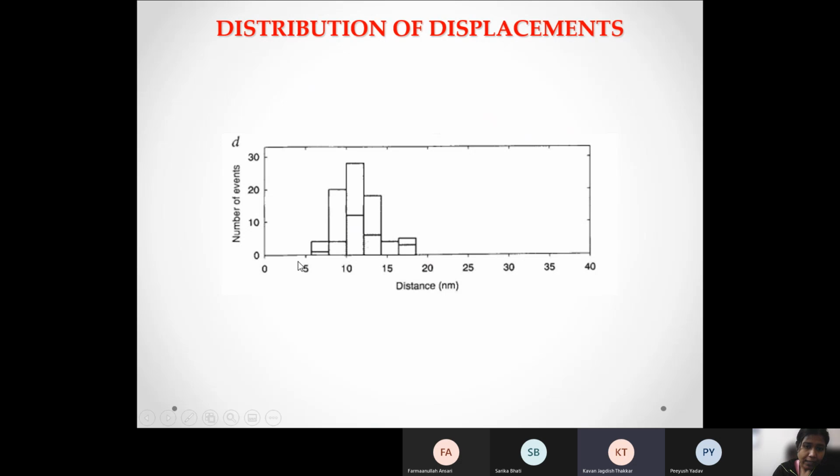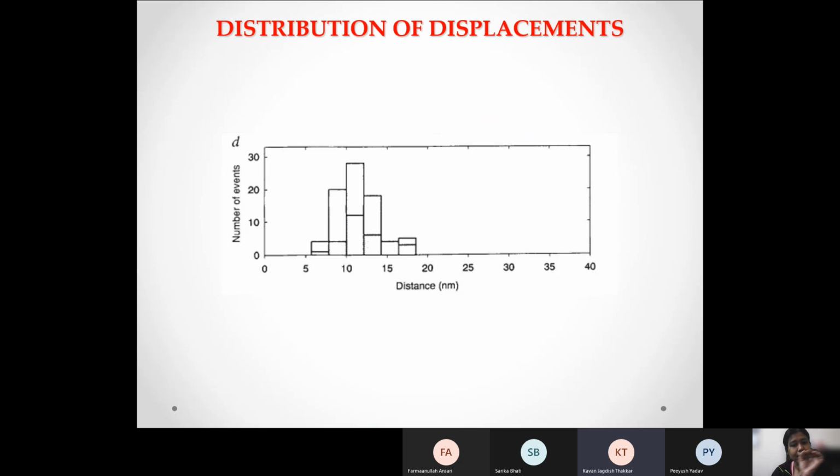So if you look at the profile of the distances that this bead has traveled, you would see that the median or the mean distance turns out to be around 11 nanometers. So around 11 nanometers is the displacement of this bead every time the heavy meromyosin pulls on the actin.